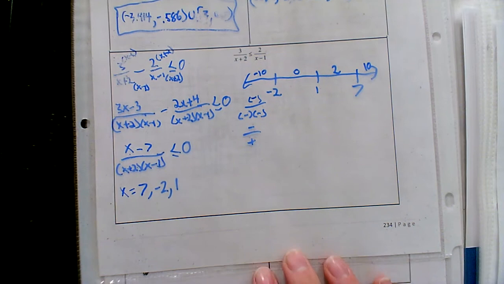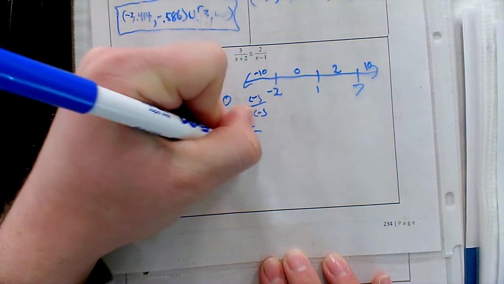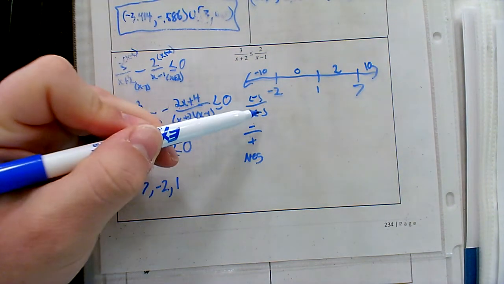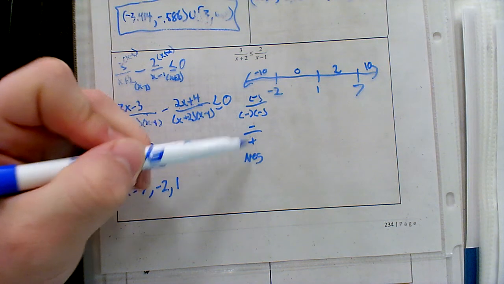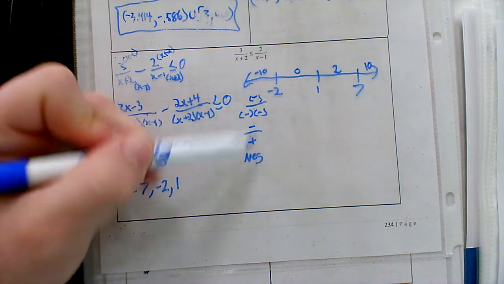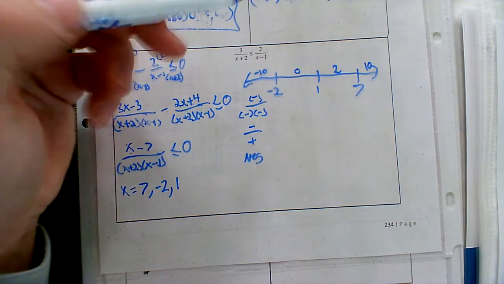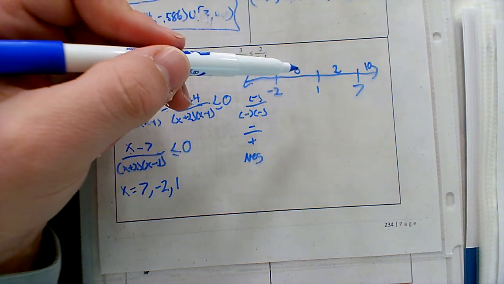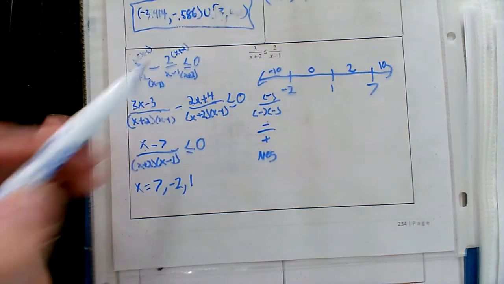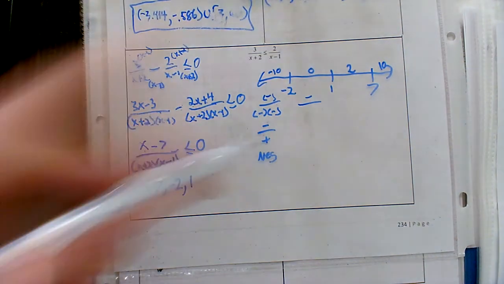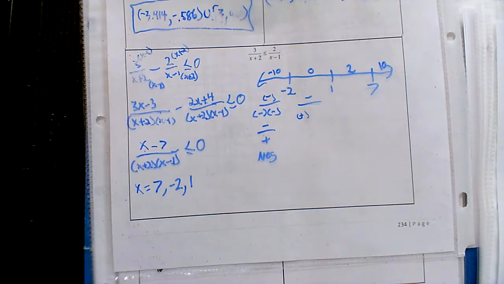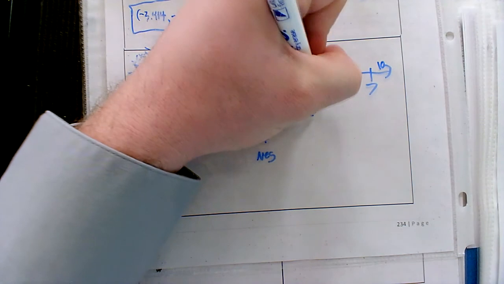In case you wanted a reminder how to do it, I've done the first section up here. A negative over a negative times a negative, so negative over a positive, which is a negative answer. So the first interval, you would have negative answers. Anybody have the second interval done? Let's see. Did you plug in 0? Or did you pick a different value? Okay, so 0 minus 7, I get negative on the top. 0 plus 2, I get positive, and then I get negative.